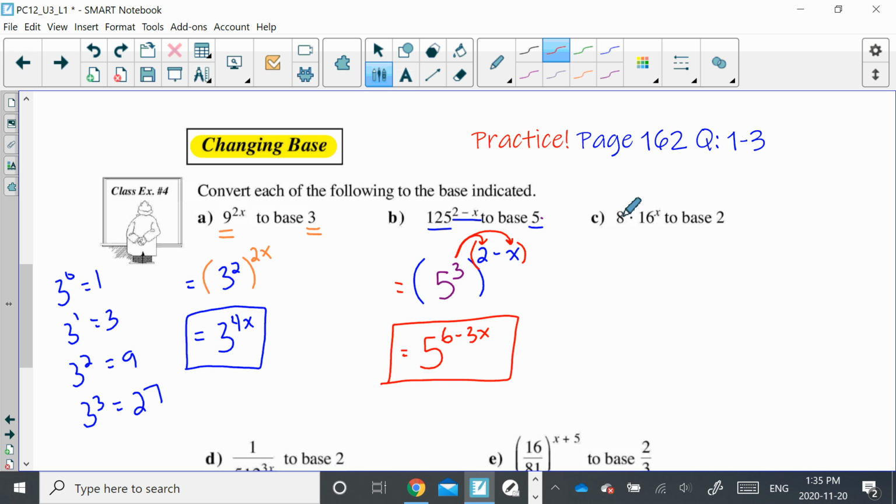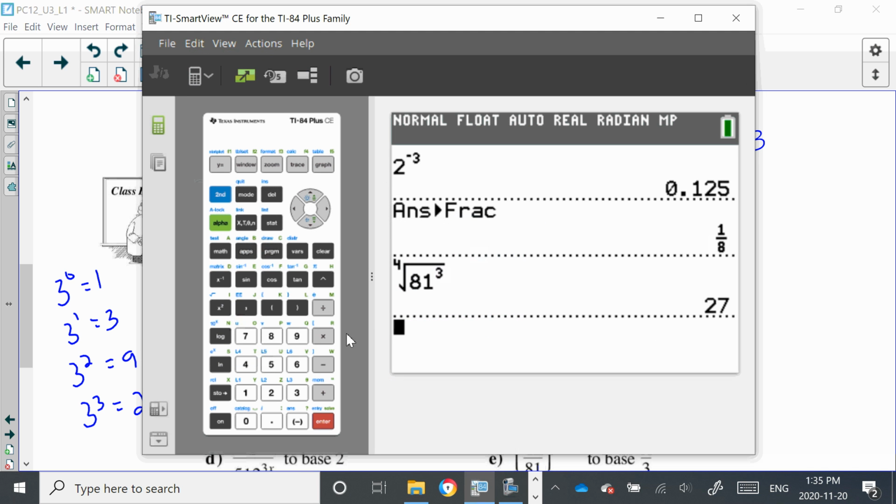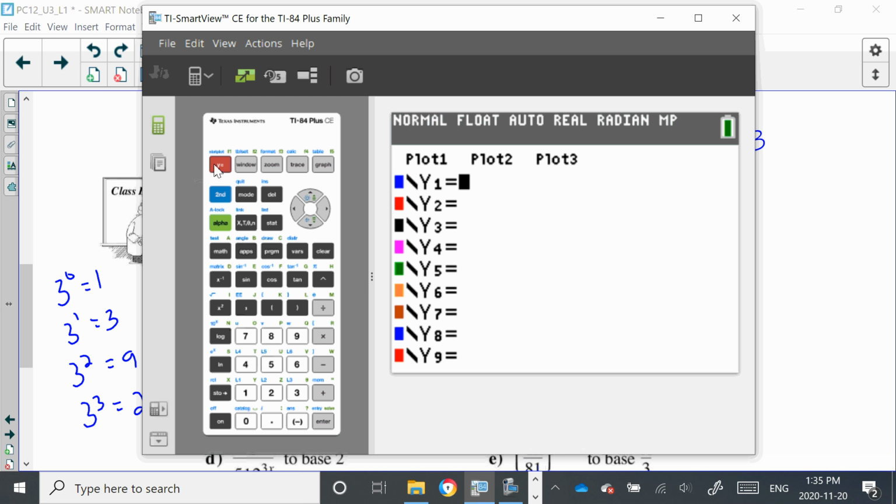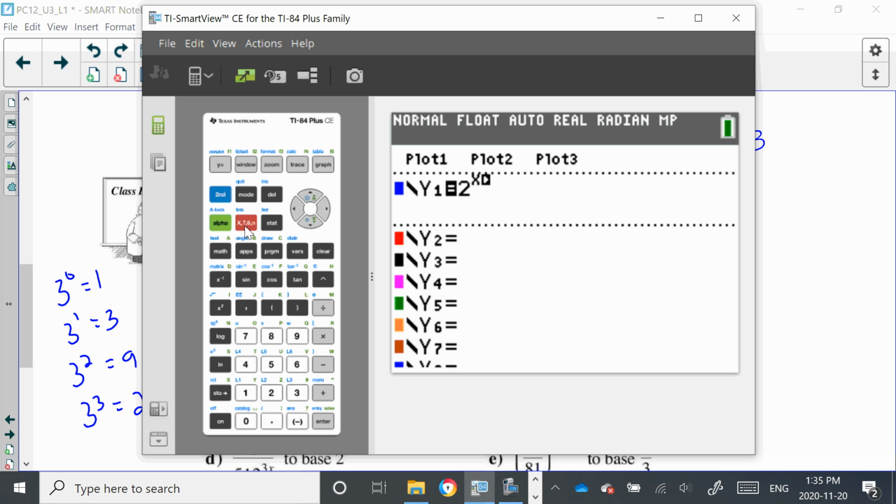C. Convert each of these to base 2. So I'm going to show you something really interesting, and this will come in handy, this little trick, when you get to bigger numbers. We want to convert this to base 2. So I want everybody to take your calculators out, and I want you to go to y is equal to. Type in 2 to the power of x.